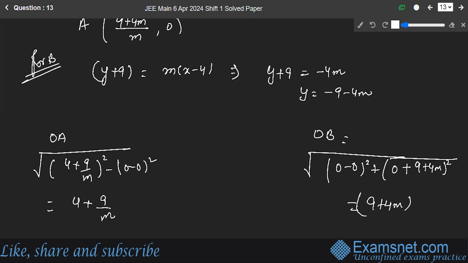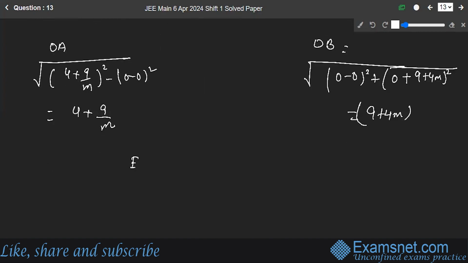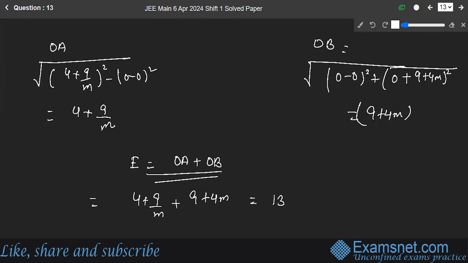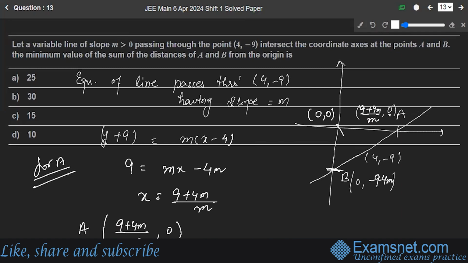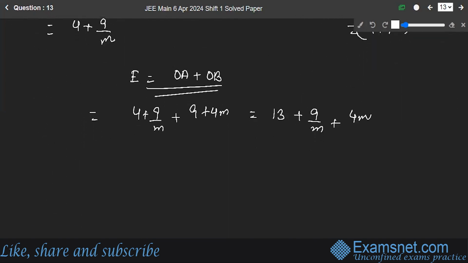So the combined distance, let's say that's equal to E, is OA plus OB. This is equal to 4 plus 9 upon m plus 9 plus 4m, or this is equal to 13 plus 9 upon m plus 4m. Now what you need to find out, it's asking you the minimum value of the sum of the distances. So I need to have E minimum.